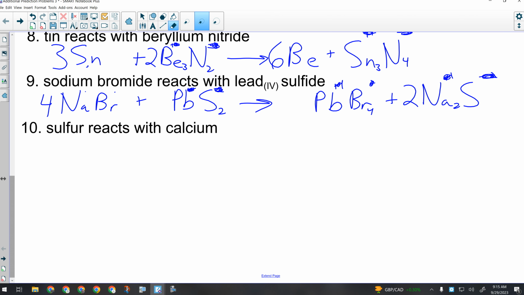Sulfur reacts with calcium. S8. What kind of reaction is it? Synthesis. What happens in a synthesis reaction? They join together.